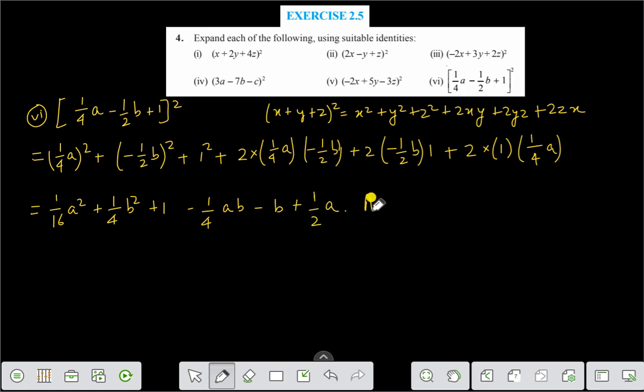That is the answer. The answer is 1 by 16a square plus 1 by 4b square plus 1 minus 1 by 4ab minus b plus 1 by 2a.